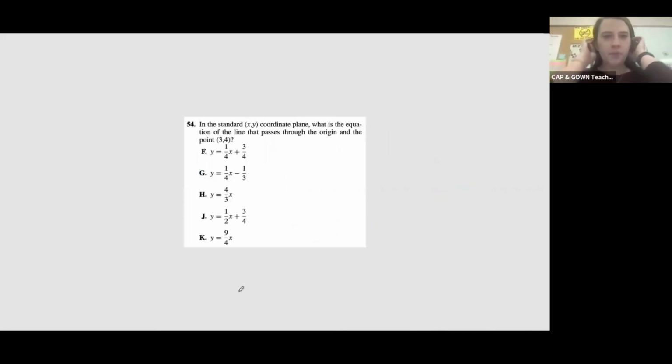All right, number 54. In the standard XY coordinate plane, what is the equation of the line that passes through the origin and the point 3, 4? So remember, the origin is the point 0, 0. So we need to find the slope of the line.